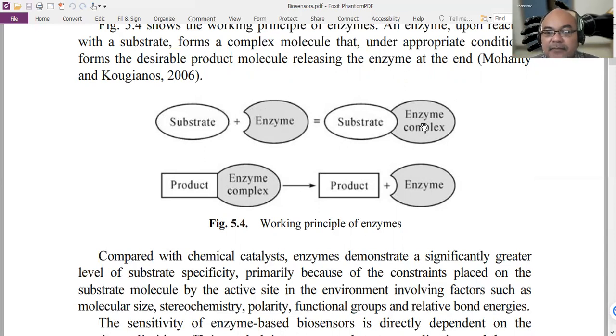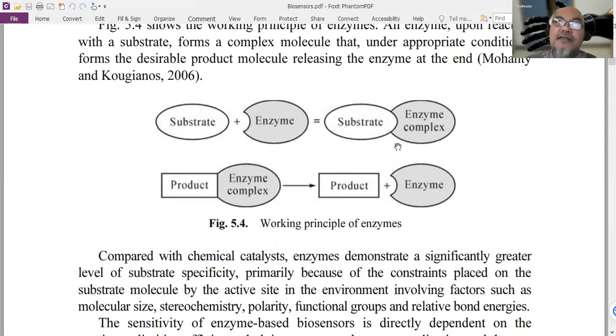The substrate binds first to the enzyme, making a substrate-enzyme complex, and then this complex reacts with another substrate, making it easier to react due to this complex. Then the product, since it does not fit the key-lock relationship with the enzyme anymore, is released from the enzyme. So at the end of the day, it becomes product plus enzyme.